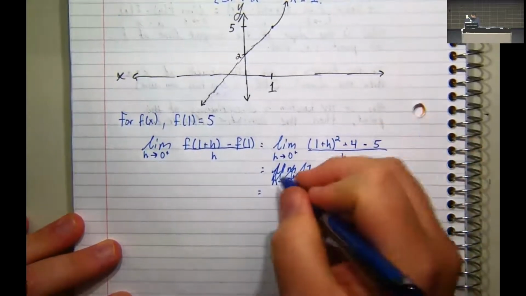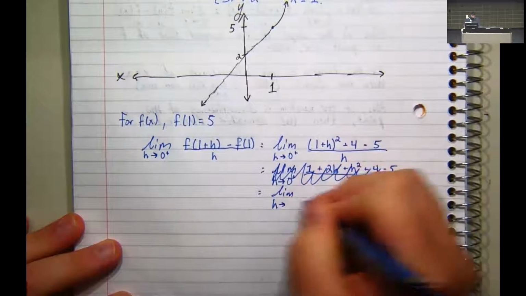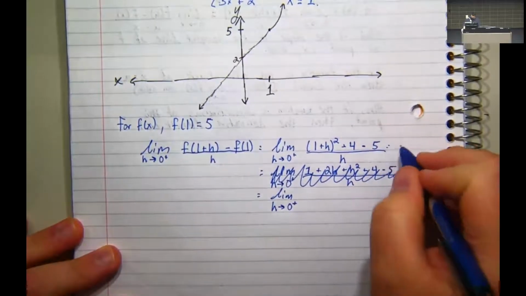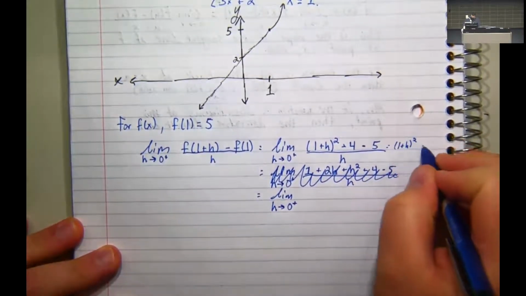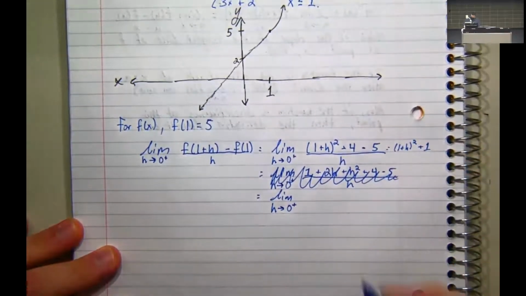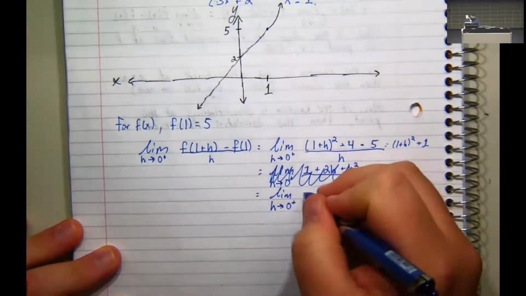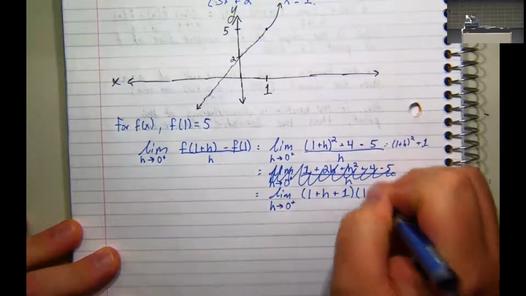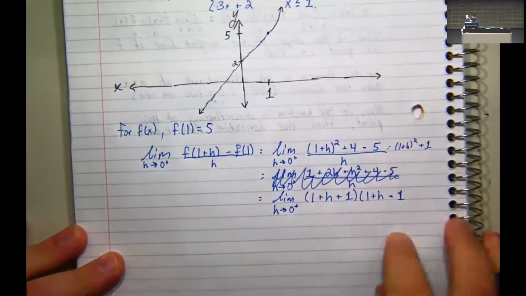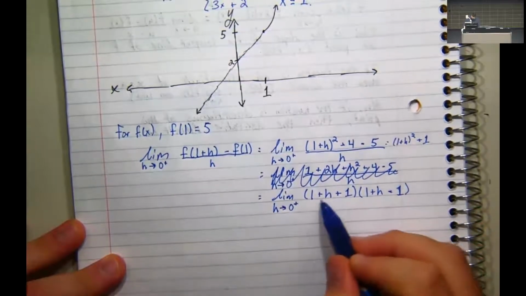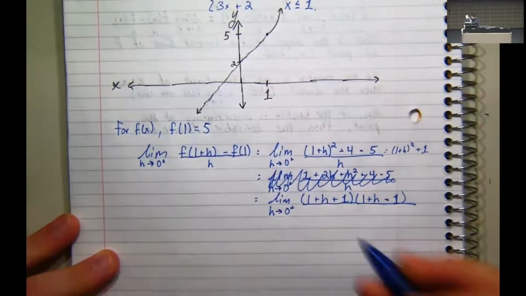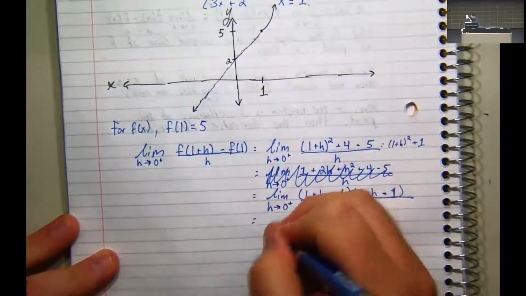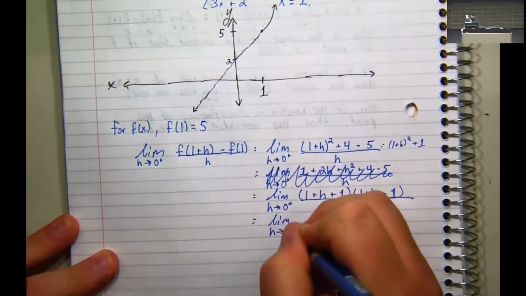So if we evaluate this limit as h approaches 0 from the positive, this would be 1 plus h squared minus 1. Both of these terms are squared, so we can use difference of squares. So it would be 1 plus h plus 1, times 1 plus h minus 1, over h, equals the limit as h approaches 0 from the positive.